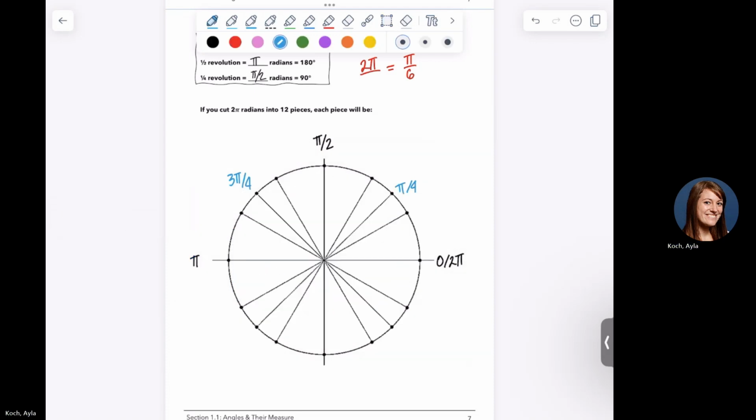Boom. This is 5 pi over 4. This is 3 pi over 2. And let's see, here we have 7 pi over 4.